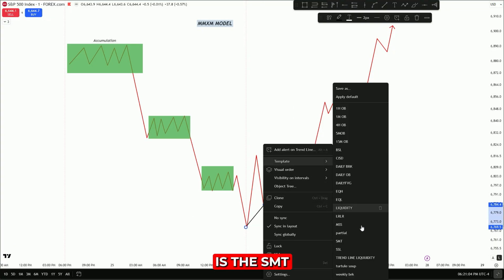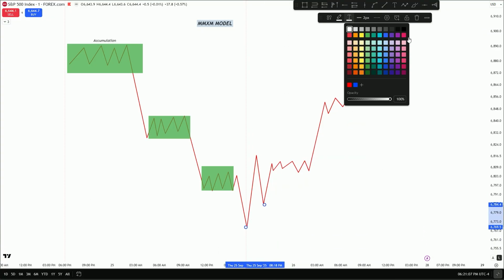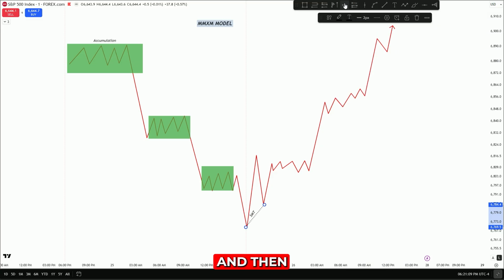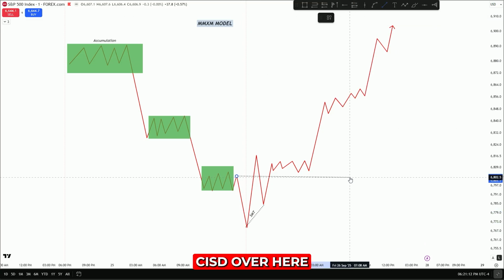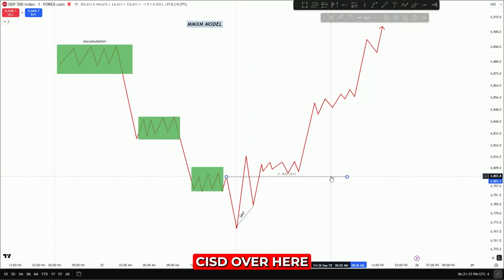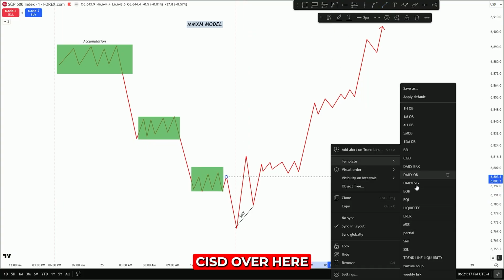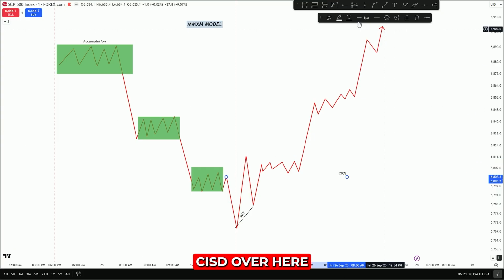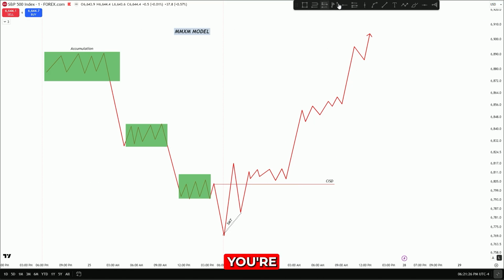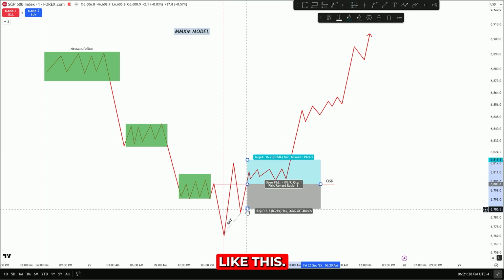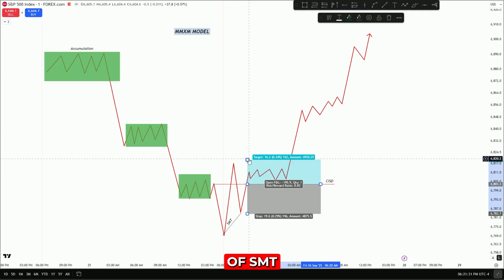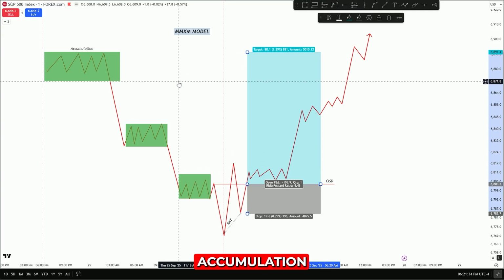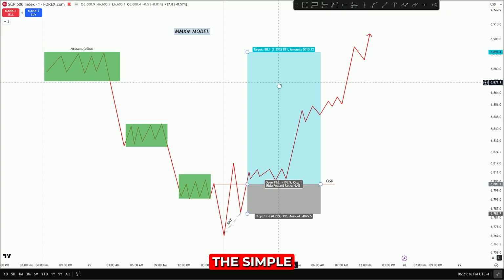Let's say this is the SMT, and then you're going to see some sort of CISD over here, and then you're going to place your trade something like this. Let's say this is your protected low of the SMT, and you're going to target the high of the accumulation. Now this is basically the simplest, and I'd say the most typical, MMXM model that everyone knows.